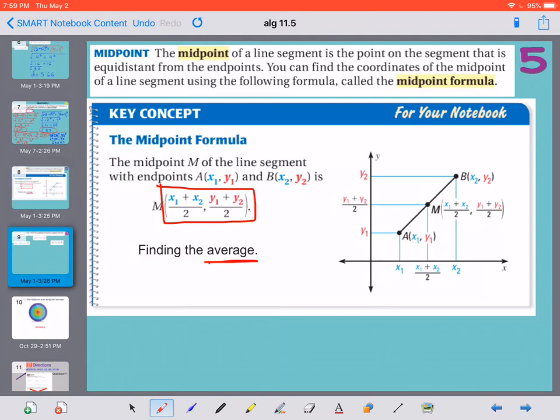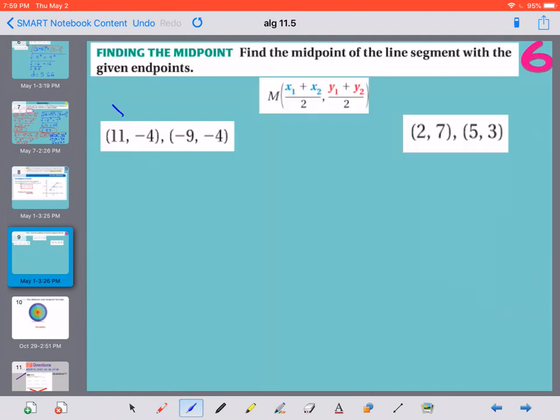So if we apply this, our x1 is 11, our x2 is negative 9, y1 is negative 4, and y2 is negative 4 as well.